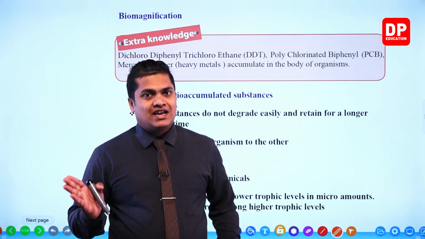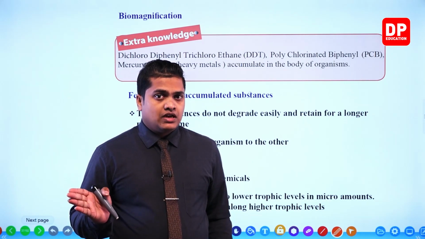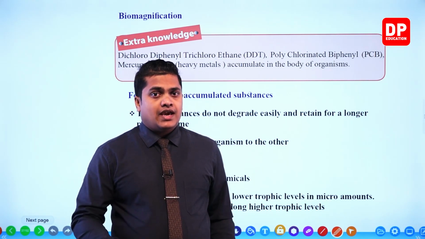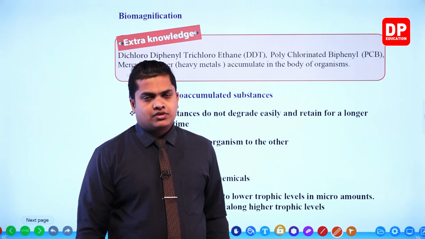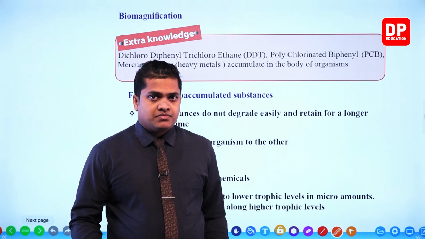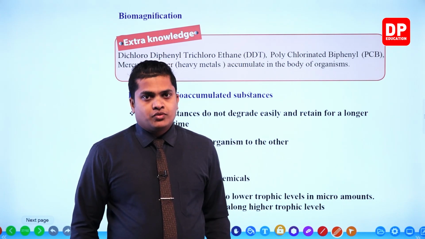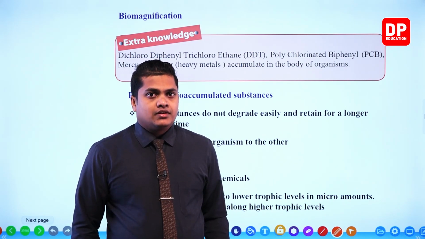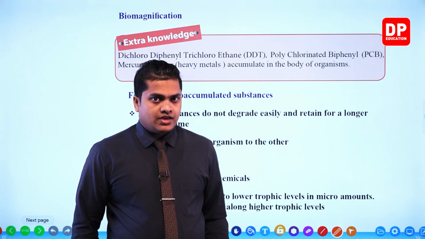If you take humans, assume that humans are at the last trophic level of a certain food chain. Then we accumulate these substances into our body from different sources: fish, meat, other plant substances, and so on. So we are the ones who are going to have the highest level of biomagnification.